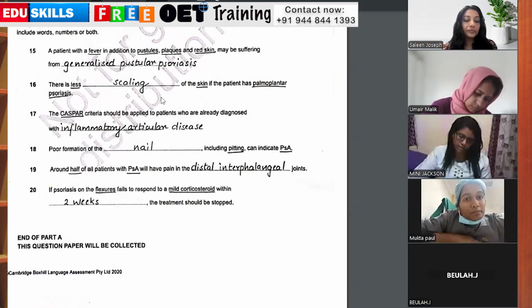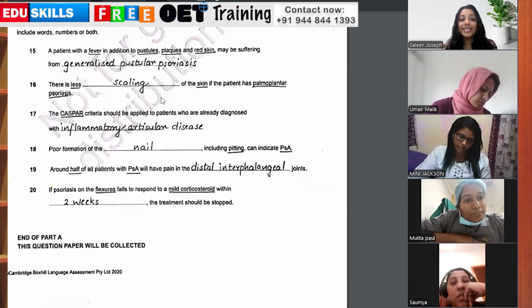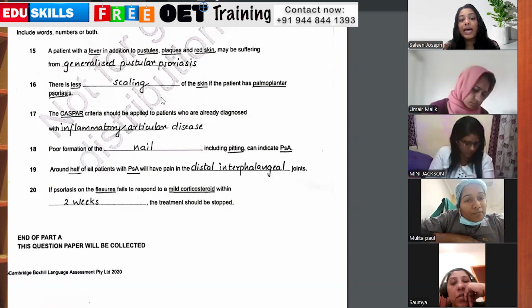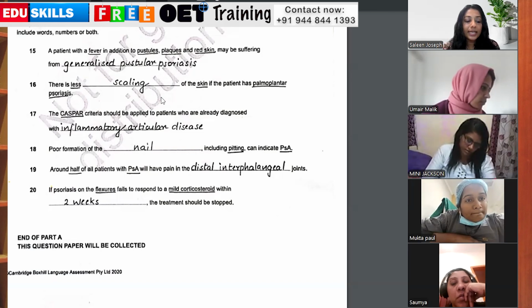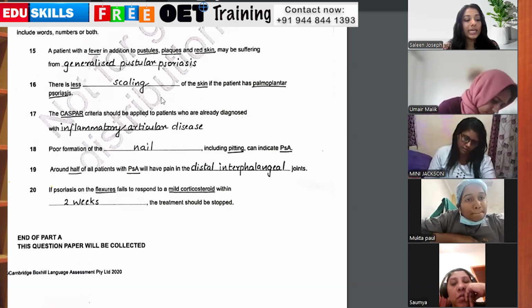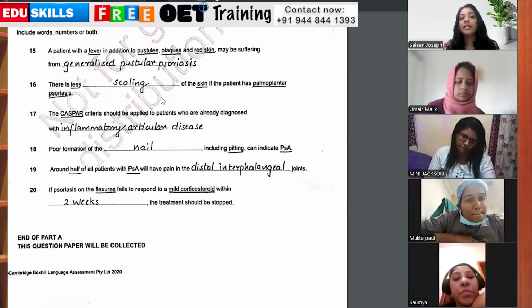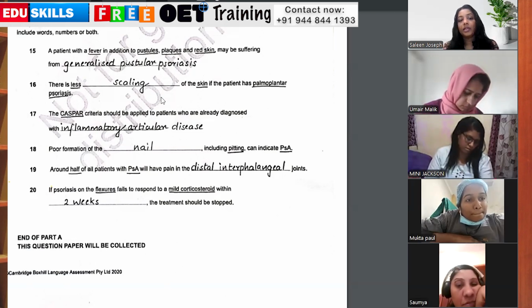Scaling is reduced. There is less scaling of the skin if the patient has palmoplantar psoriasis. Scaling is reduced at flexural sites, on genital skin and in palmoplantar disease. So scaling is reduced, that means less scaling.